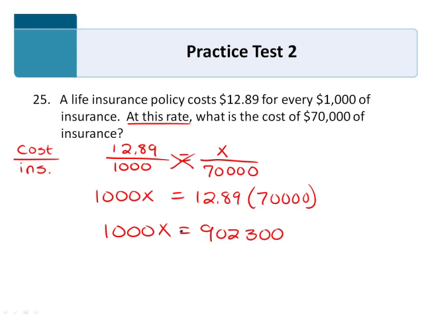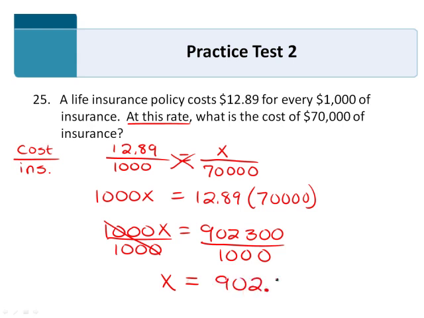And now divide by 1,000 on both sides. And those cancel. And let's see, it should be no big deal here. You get $902.30. And so that is the cost of that much insurance. Okay?